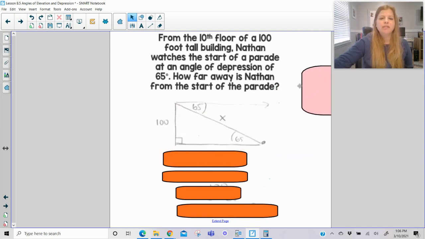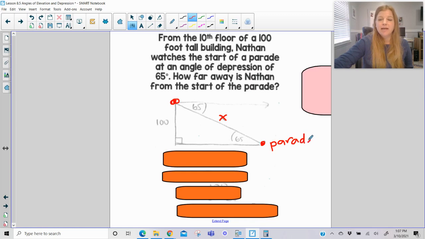So if this is where Nathan is, Nathan is at this point here. He's looking down at an angle of depression of 65 degrees. The building that he's on is 100 feet tall. We want to know the hypotenuse. We want to know how far away he is from the start of this parade.